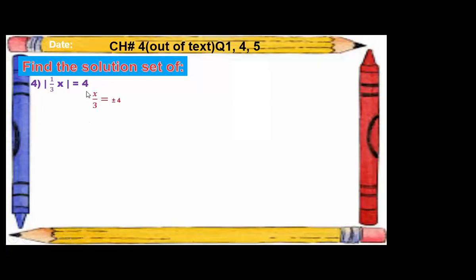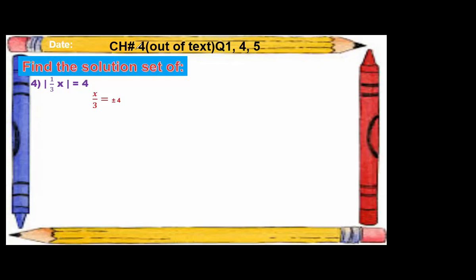First, we have to remove the mod. We get x over 3 is equals to plus minus 4. Right? Then what we have to do, beta?